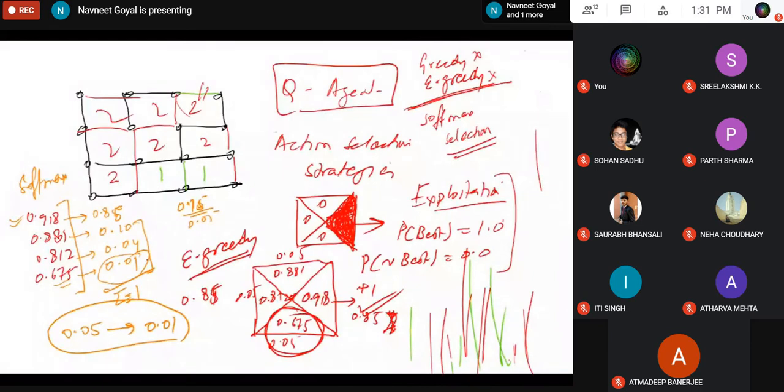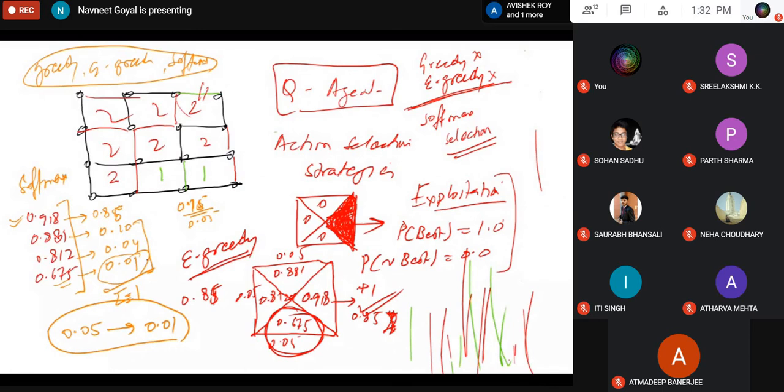This is the softmax aspect of Q-learning, or any algorithm where you have to do some exploration. So these three things: greedy, epsilon greedy, and softmax, are options available to you where you want a mix of exploitation and exploration.